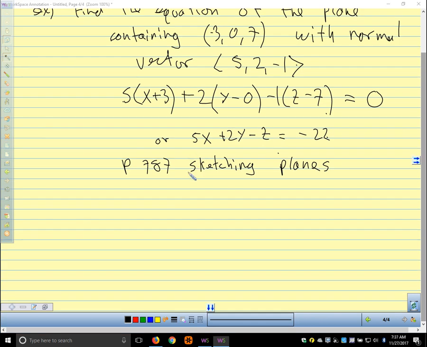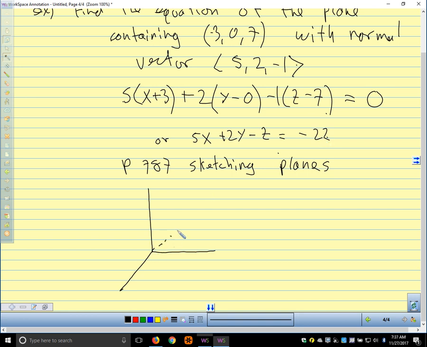So to sketch this plane, what we're going to do is draw a three-dimensional coordinate system, and then say when y and z equal 0, where are we? On the x-axis. When y and z equal 0, x equals negative 22 fifths.